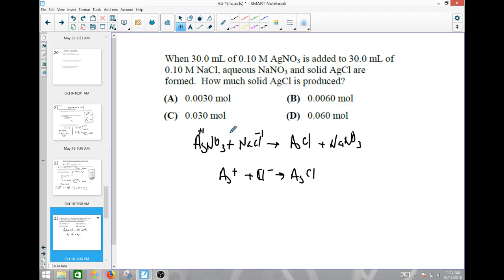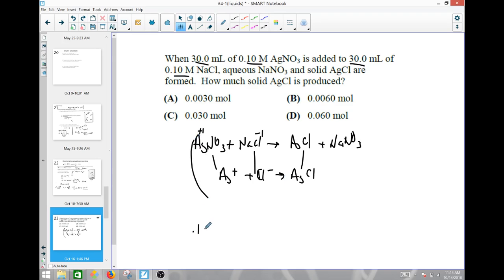That's important. All right, so now I have equal volumes, 30 milliliters, 30 milliliters, 0.1 molar and 0.1 molar. So they're both going to run out at exactly the same time. So if I know how many moles of this guy I have, it equals the moles of this guy, and should equal the moles of this guy. So either one you want to do. Let's just find the moles of the silver nitrate.